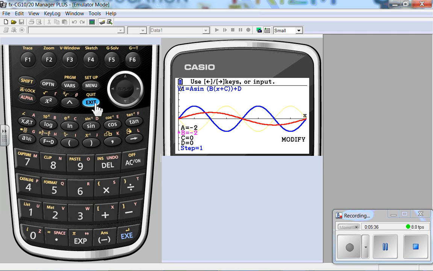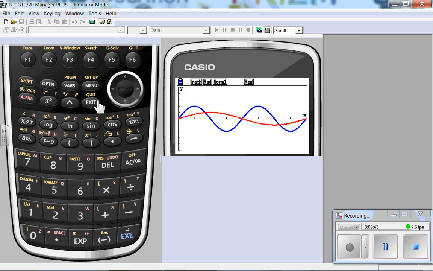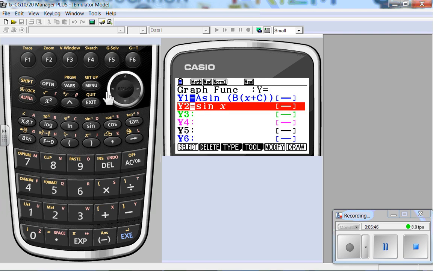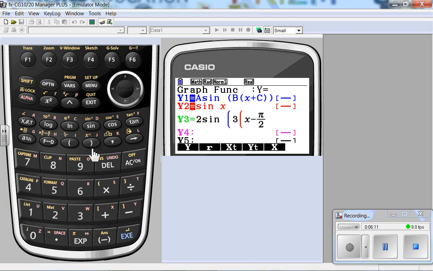And a final thing I love to do with students is to play the little guessing game. Now that you think you know what's going on, you put in the secret graph: sine of parentheses 3 parentheses x minus pi over 2, close the parentheses.